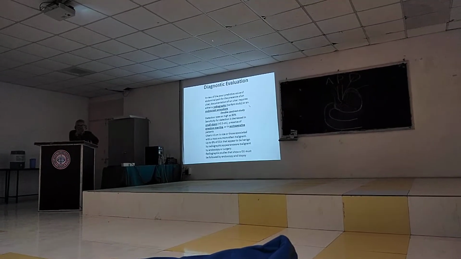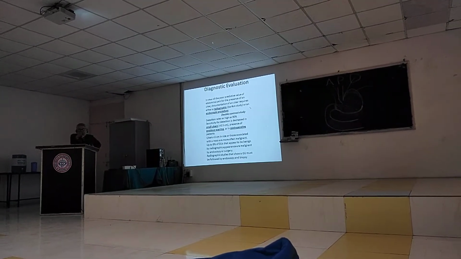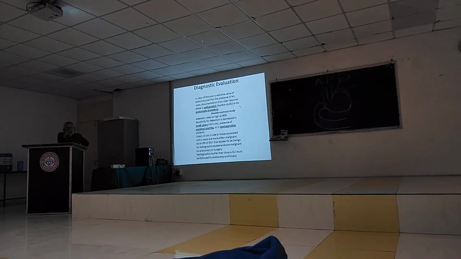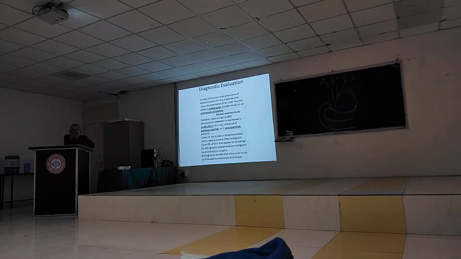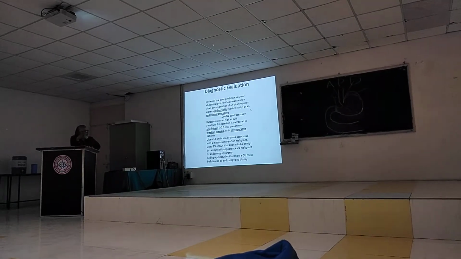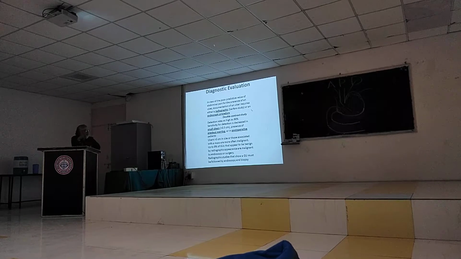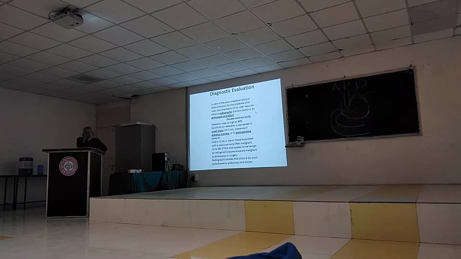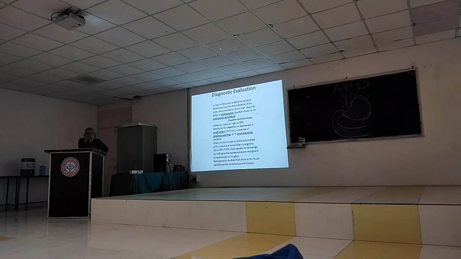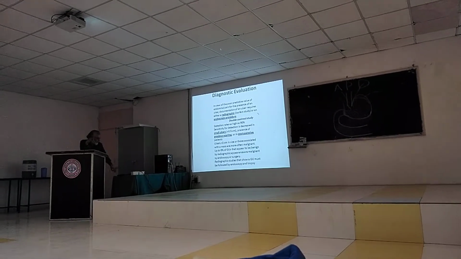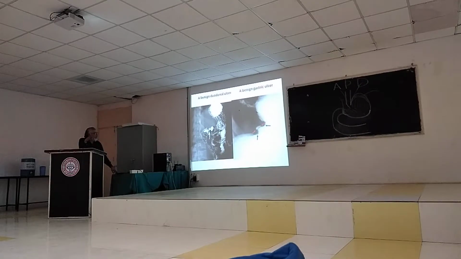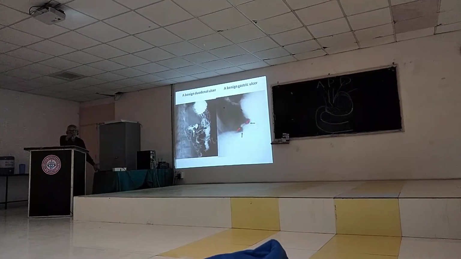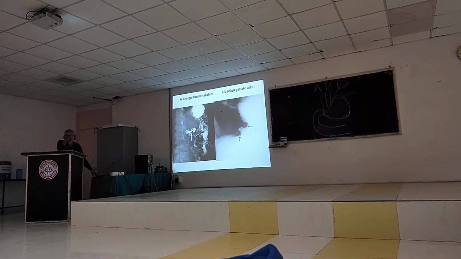Now, after confirming that we are dealing with acid peptic disease, how to confirm the disease? Initially, we used to do the double contrast barium procedures. In this, we used to see the ulcers, but now with the availability of upper GI endoscopy at a lot of places, this investigation is usually not done. Why?